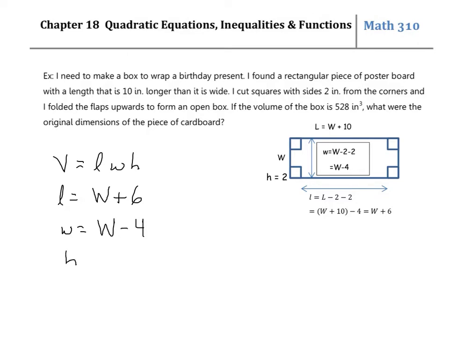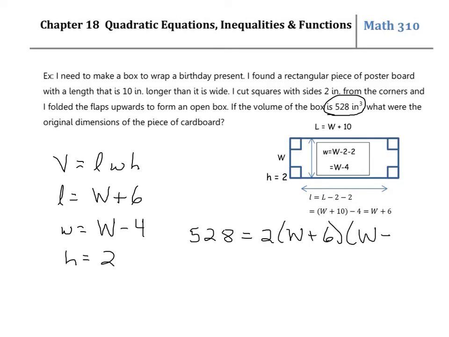And our height is 2 inches. So we know that our volume is 528 cubic inches, so we can use this equation to write that 528 cubic inches is length times width times height. I'll put the 2 first: 2 times W plus 6 times W minus 4.